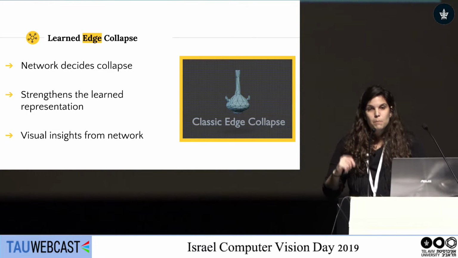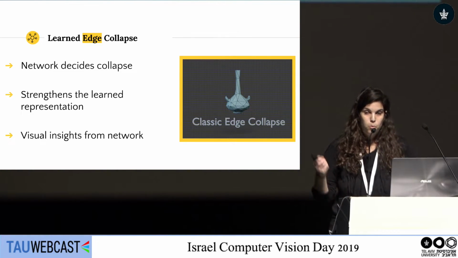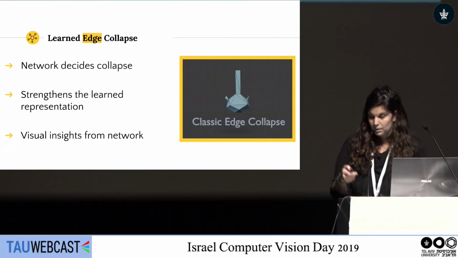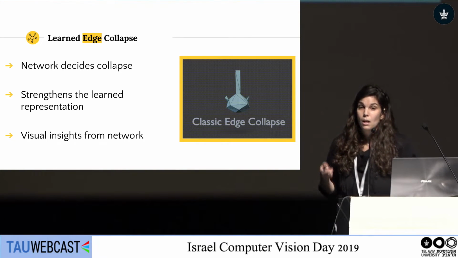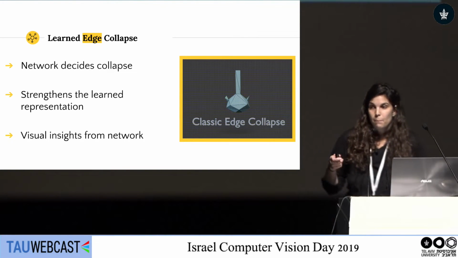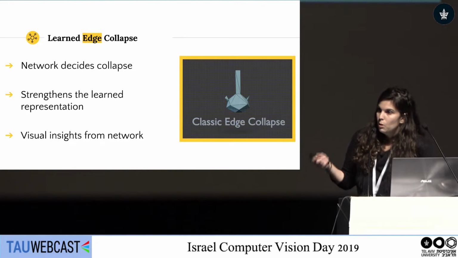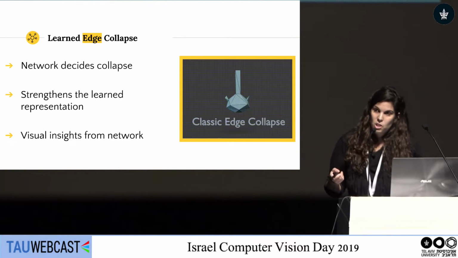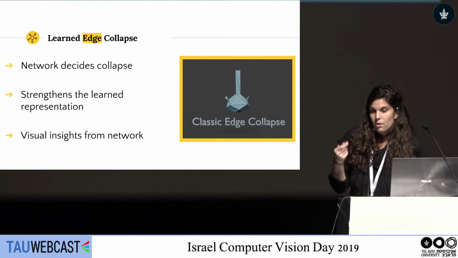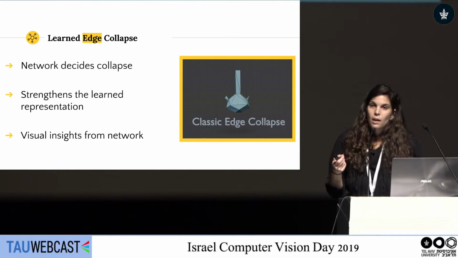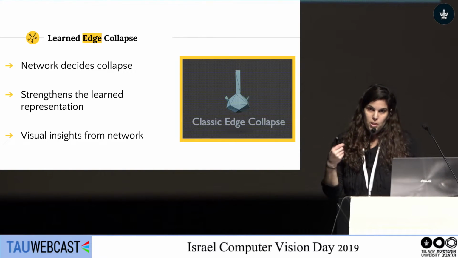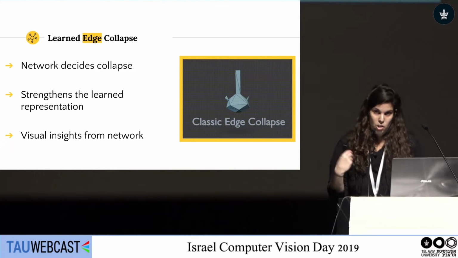The inspiration for our pooling operator comes from a classic technique in computer graphics called mesh simplification. In mesh simplification, we want to delete or collapse edges, where the criteria for collapsing an edge leads to a minimal geometric distortion in the underlying shape.